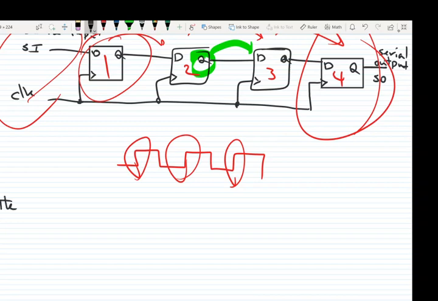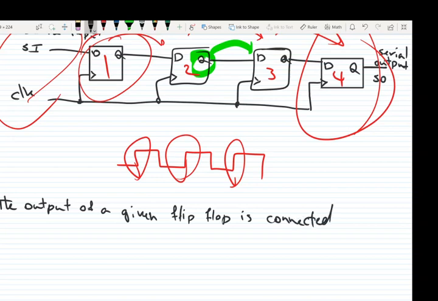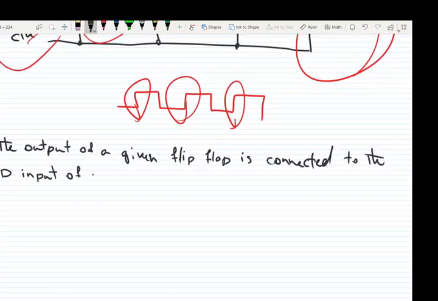We can say the output of a given flip-flop is connected to the D input of the flip-flop at its right.